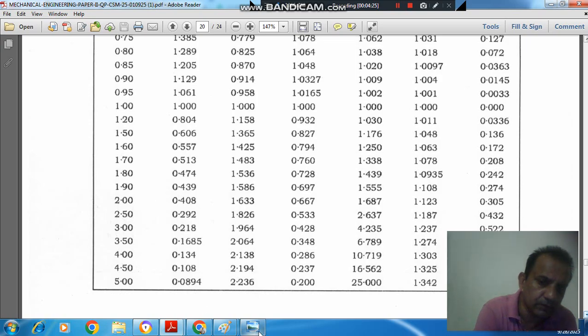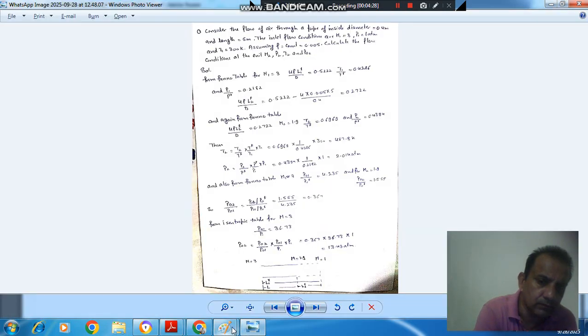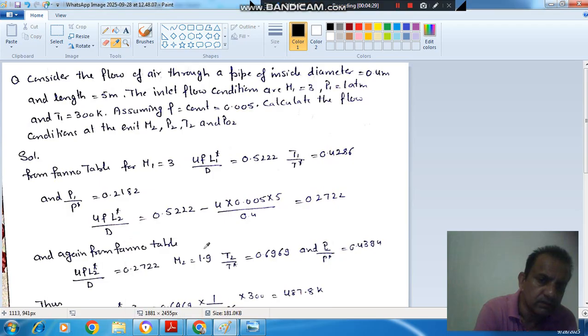So M2 is equal to 1.9, and we can note down other properties in the same row. That is T2 by T star is this, and P2 by P star is this.